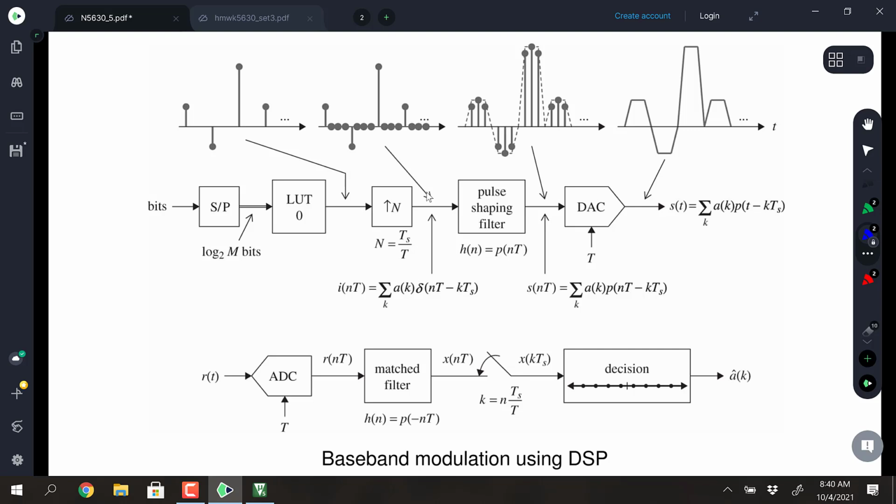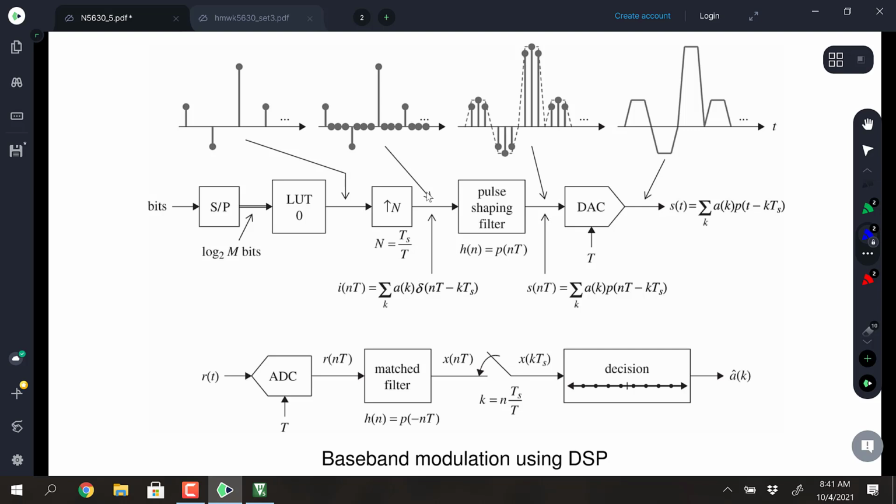So if it was an M-ary scheme and M was, say, 16, then every 4 bits would be grouped together to form a symbol, and then that symbol is what would be emitted into the lookup table, and then the lookup table would produce some amplitude value. We'll be getting to that a little bit later in this chapter.